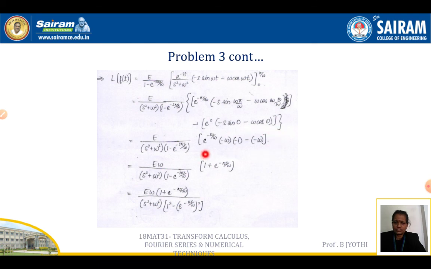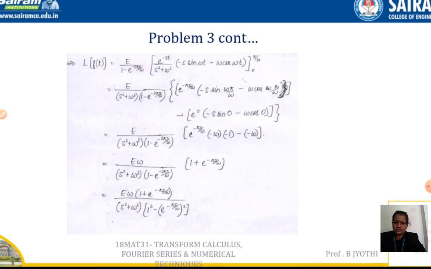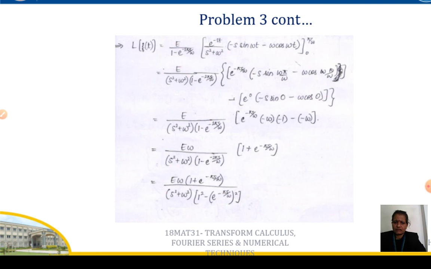This on simplification we get e power minus pi s by omega minus omega minus 1 minus of minus omega. This on simplification we can take the omega outside, we get 1 plus e power minus pi s by omega, or e omega of 1 plus e power minus pi s by omega, and again we are splitting this as 1 square minus e power pi s by omega the whole square.